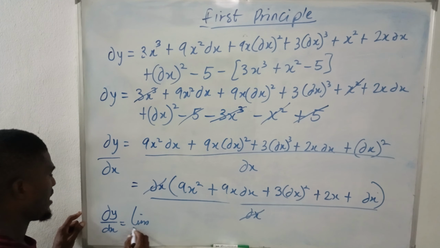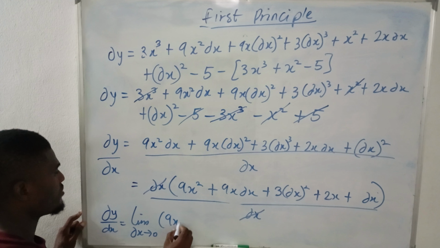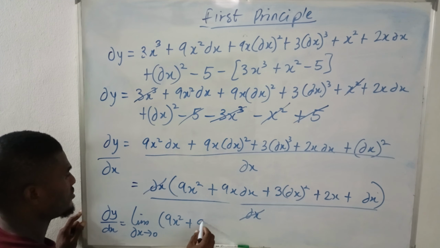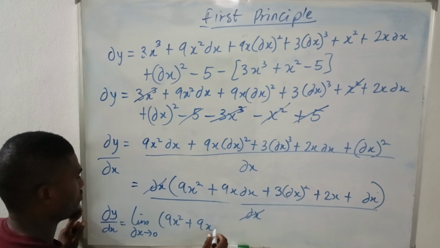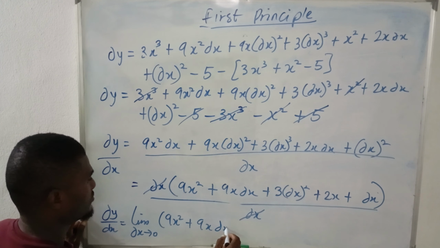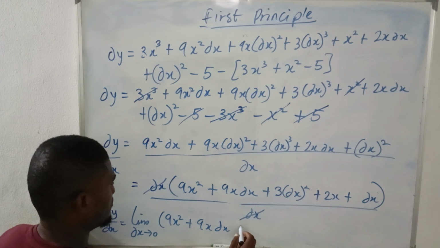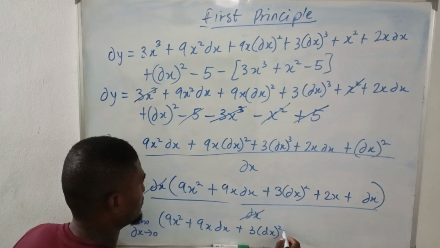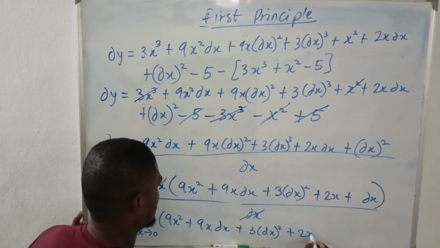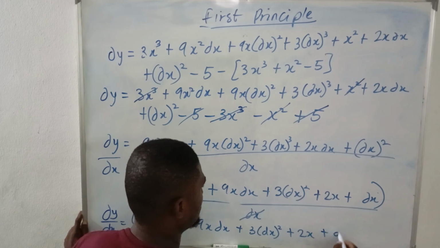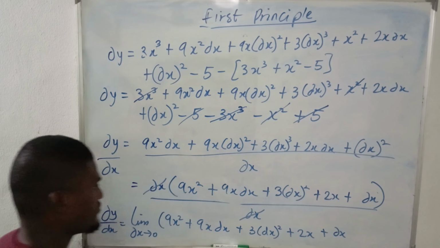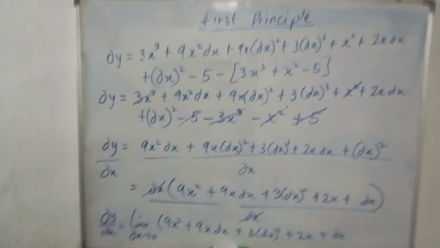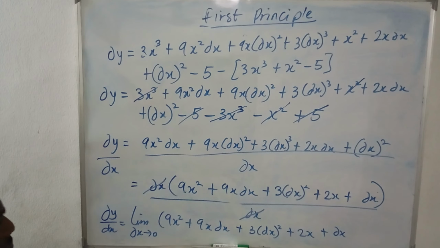You can take the limit as dx tends to 0, which means that anywhere you see dx, you should insert 0 there.